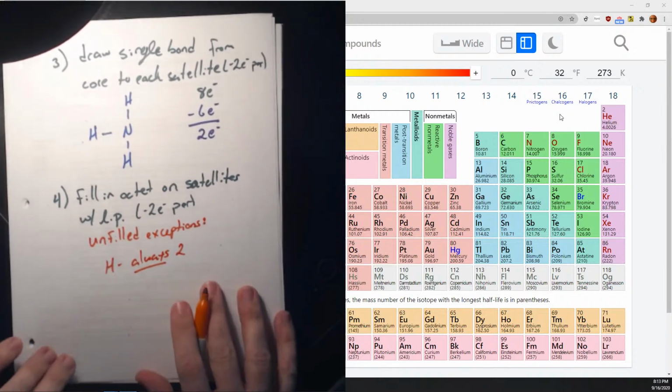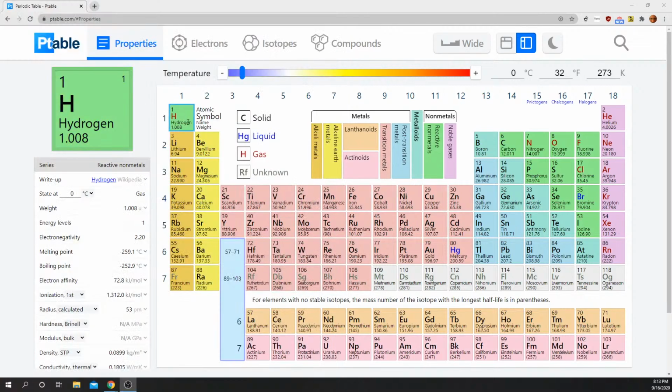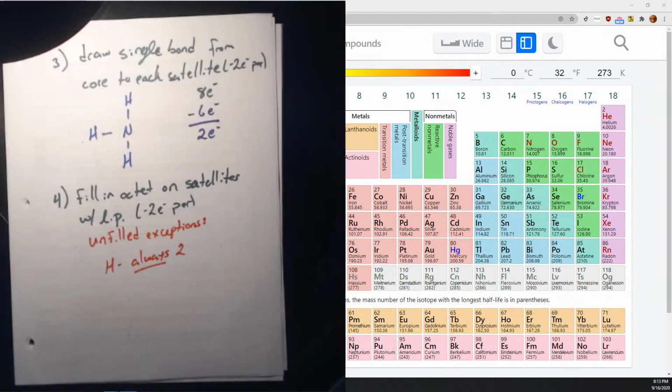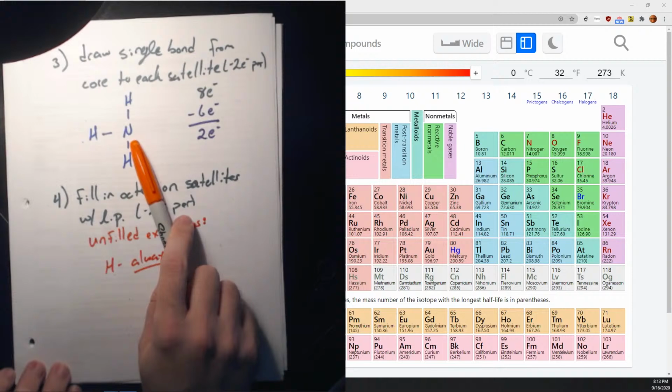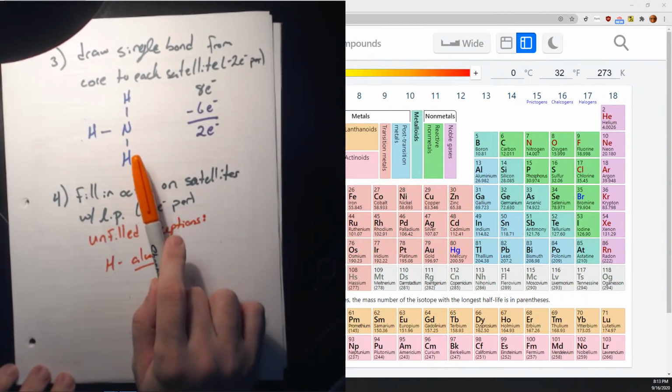Hydrogen never ever goes beyond 2. It is on the first energy level, so back to the periodic table. The first energy level only has the s sublevel, only has the 1s orbital. Hydrogen will only ever have 2 electrons. Thus, hydrogen will form a single bond, and that's it. So the octet is technically full already in this drawing.